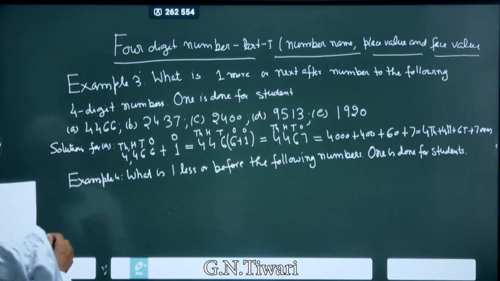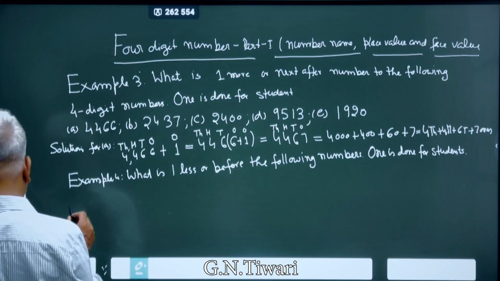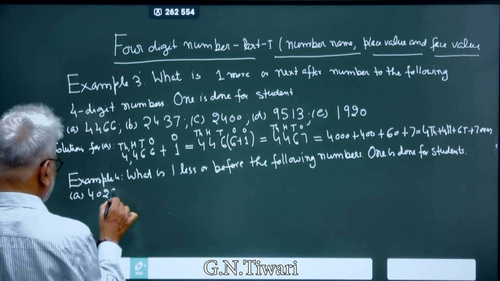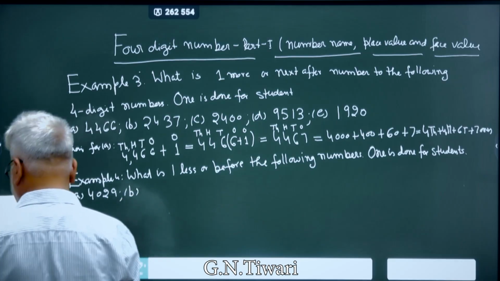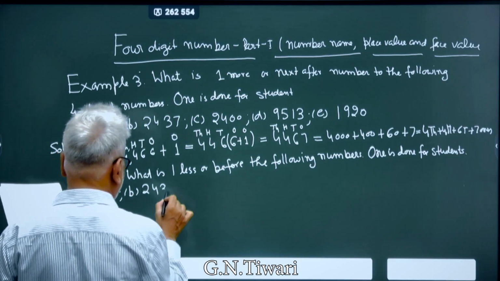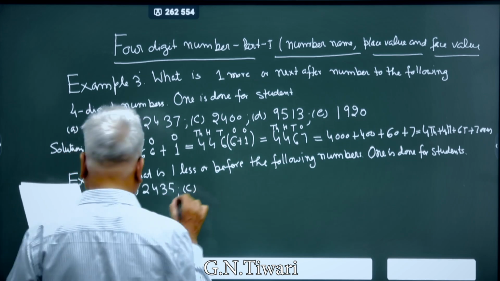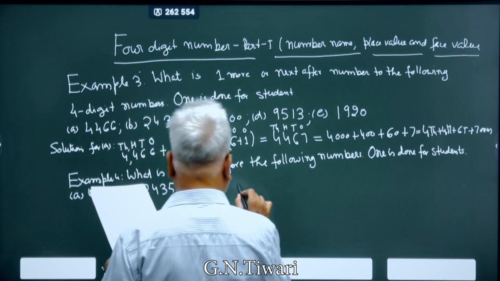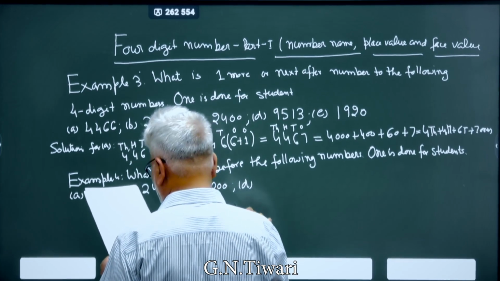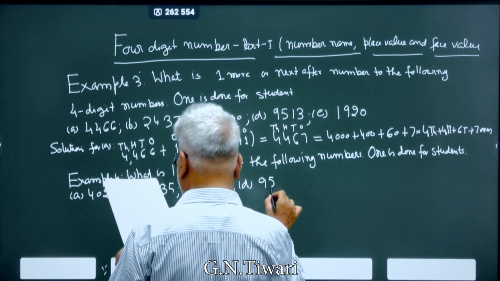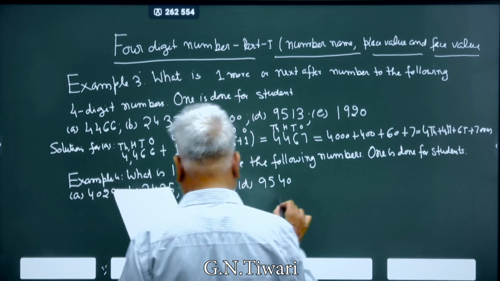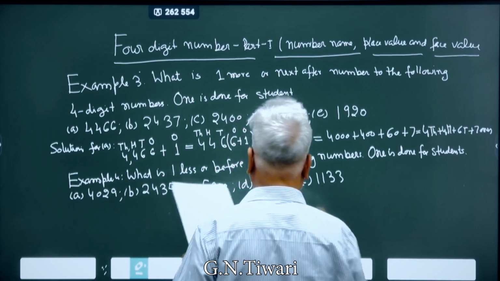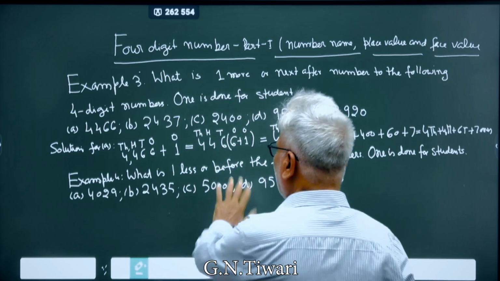Now see what the numbers are: A 4029, B 2435, C 5000, D 9540, E 1133. For the solution, I will take the complex one, 5000.